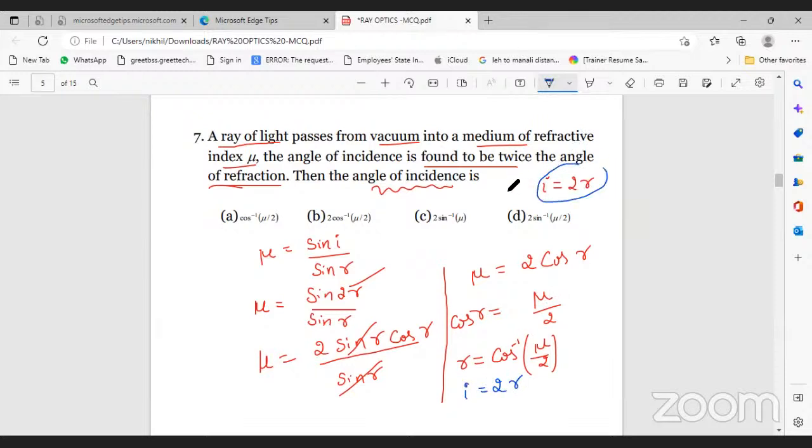This is the condition. What is r? Cos inverse mu by 2. So angle of incidence is 2 cos inverse mu by 2. So which is the right option? Option B.